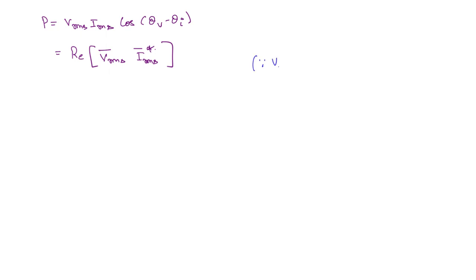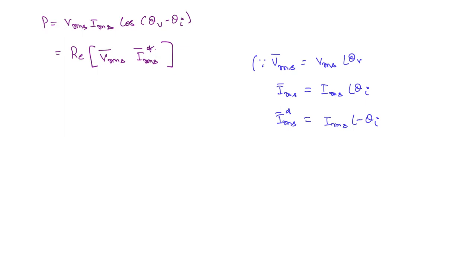Here the V RMS phasor is nothing but it will have a magnitude of V RMS and angle theta V. And what about I RMS conjugate? This will have I RMS angle theta I. So what will be the conjugate? The conjugate will simply have the same magnitude but negative angle.